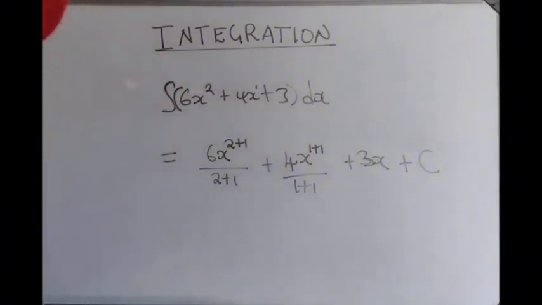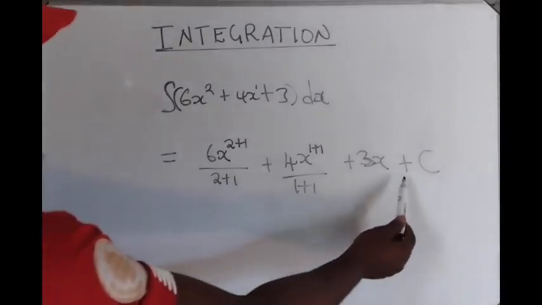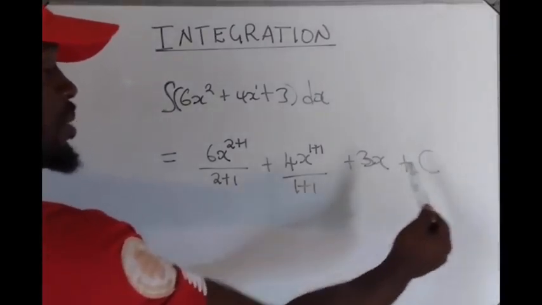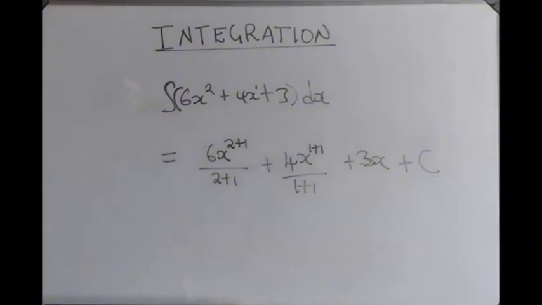This c is called the arbitrary constant, and an integration with the arbitrary constant is called an indefinite integral. So when you are integrating functions, don't forget that you're supposed to put the plus c, the arbitrary constant, which can take any value.